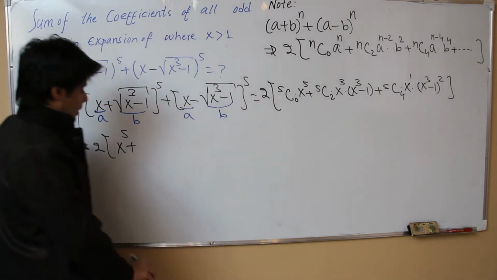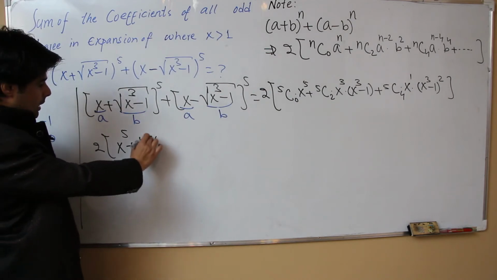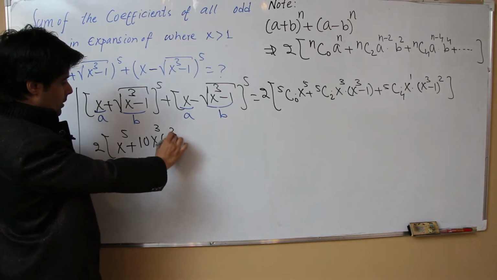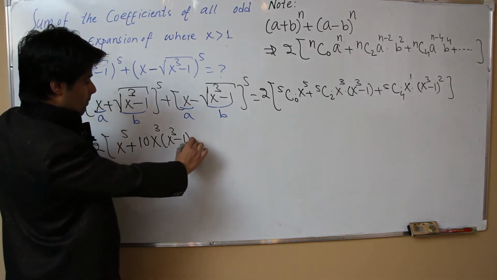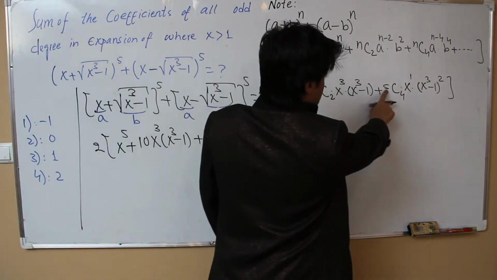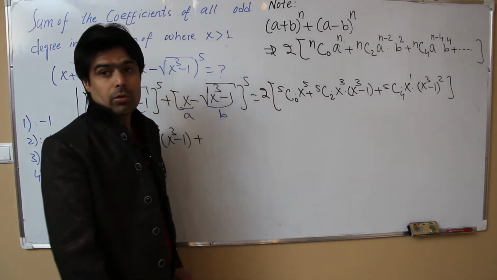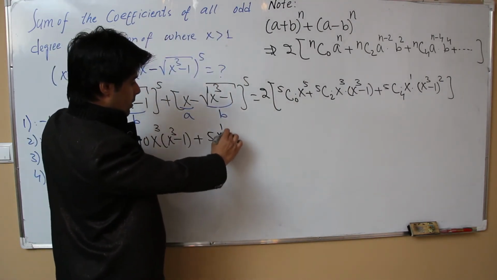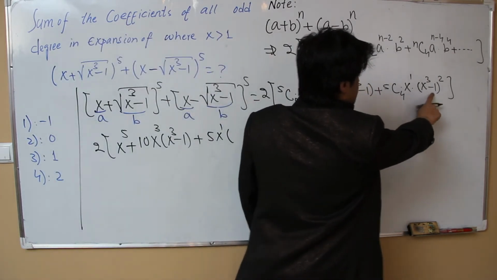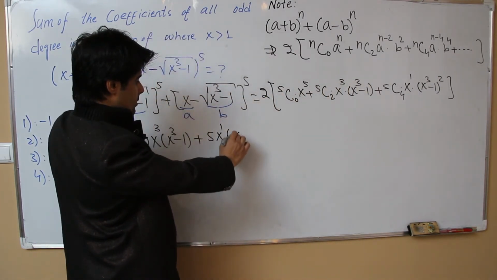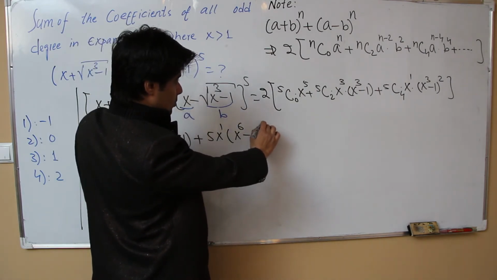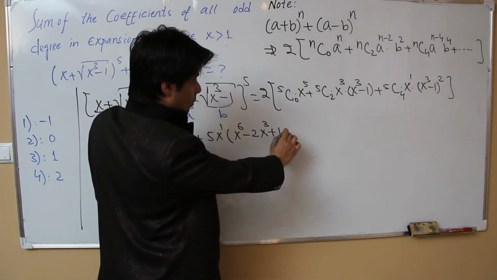I think it is 10. x to the power 3, x to the power 3 minus 1. Plus, what's the combination 5 by 4? It's 5. x to the power 1, and you can expand this expression. x raised to the power 6 minus 2 x to the power 3 plus 1.